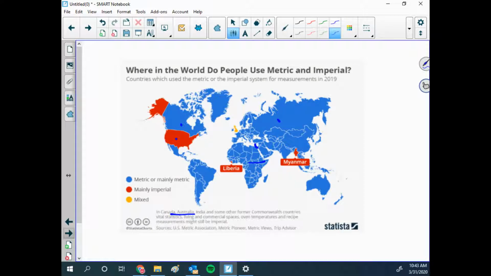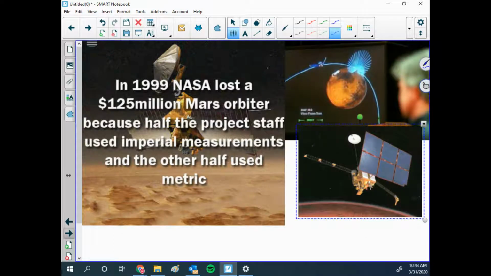So, what's the importance? Well, we need to be able to measure things, to build things, and to convert them. But it's also really important to recognize what measurement system you are using in a given problem. A really common example of this is NASA in 1998. They lost a $125 million Mars orbiter because half of their staff was using the imperial system and the other half was using the metric system.